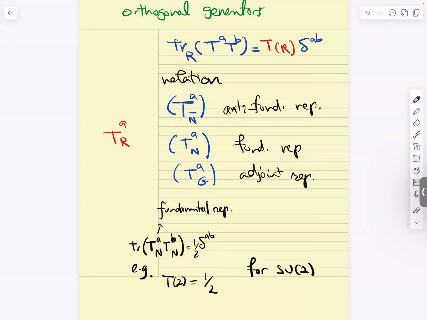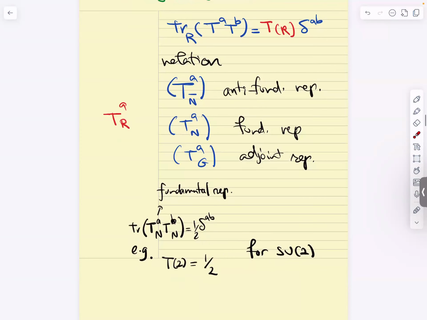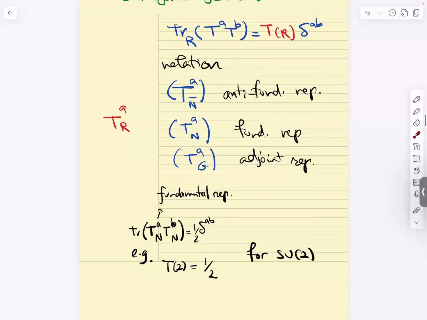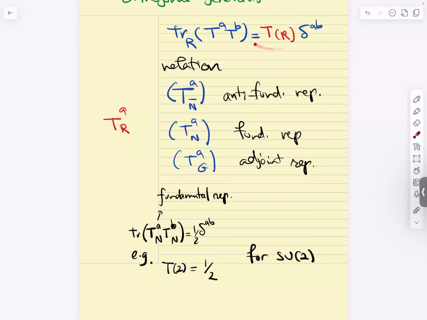T of N in the fundamental representation, when this R is N for SU2 is 2, right? T of 2 is half. This is really a shorthand notation if all the groups you work with are just SU(N) and nothing else, right? That's basically our story for this course. Good. So is T of R clear?